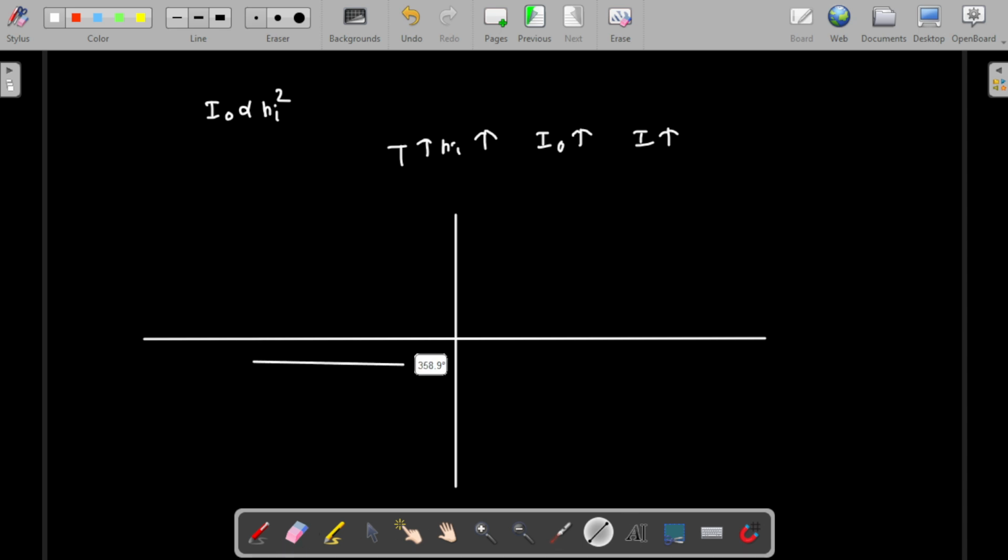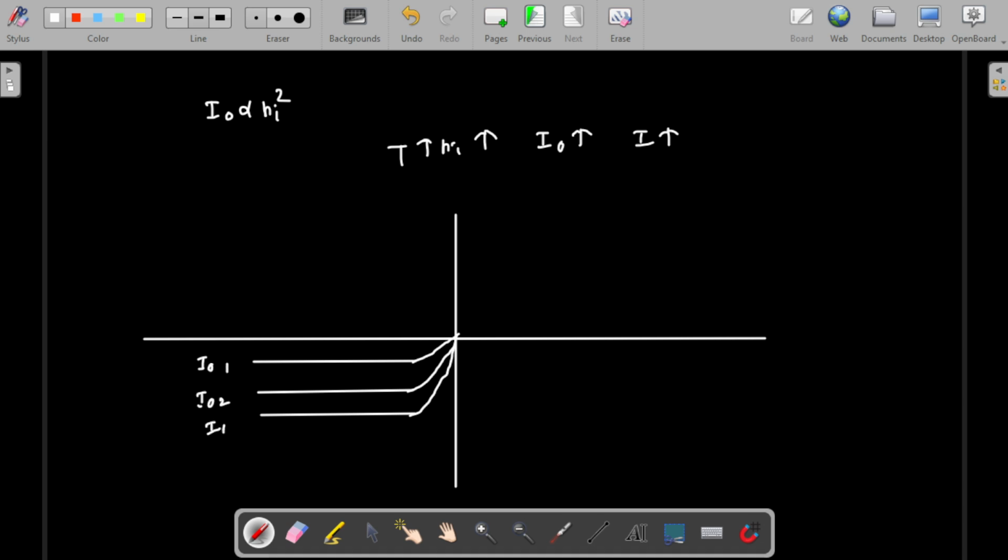Here you see, this is I naught 1, I naught 2, I naught 3. Here I naught 3 is much greater than I naught 2, and I naught 2 is much greater than I naught 1.